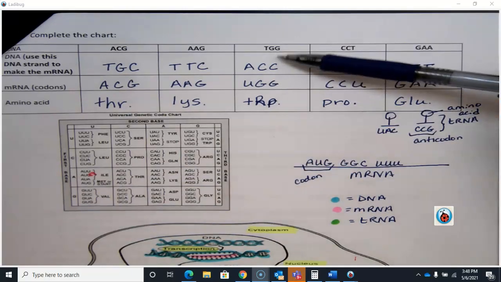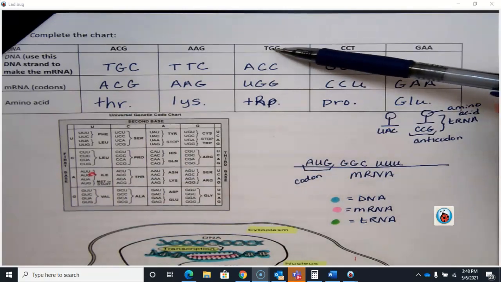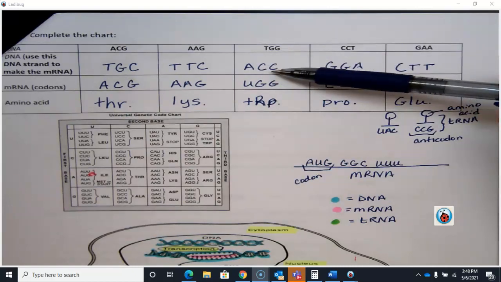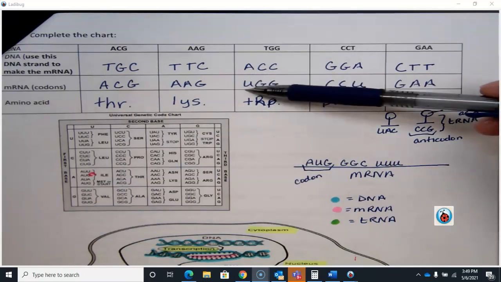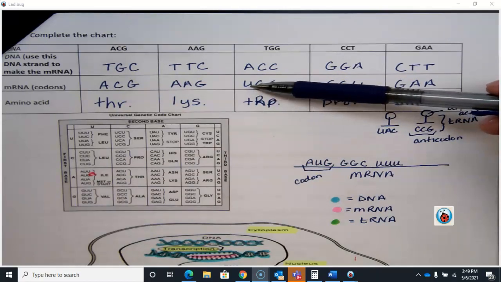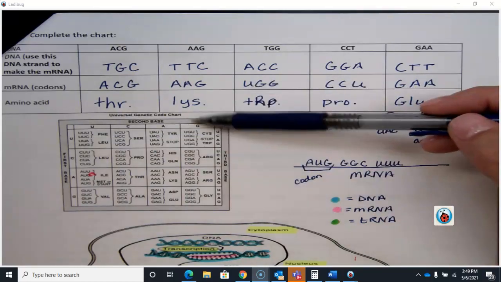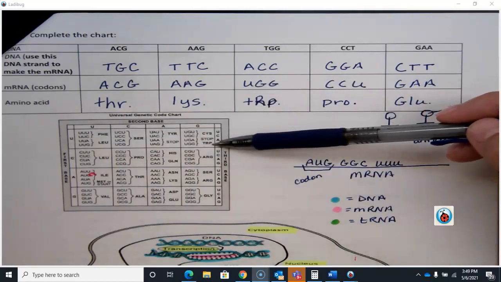The next row, if one side of the DNA is TGG, the other side of the DNA would be ACC. Then the mRNA would be UGG. Now, if you put a T there, you need to make that correction. There is no thymine in RNA, uracil takes its place. And then if we look up UGG, that brings us here, which is tryptophan, TRP.